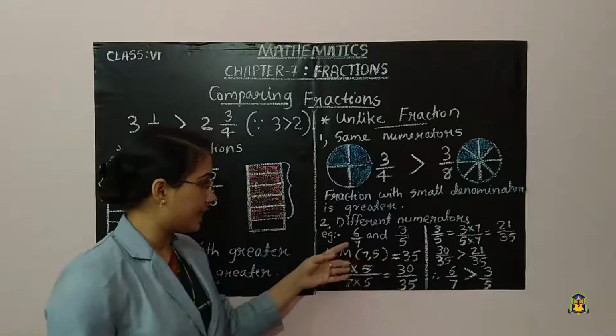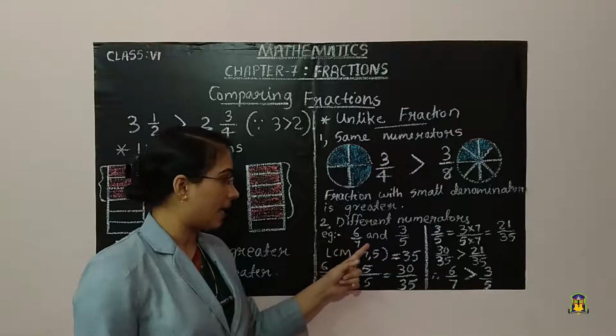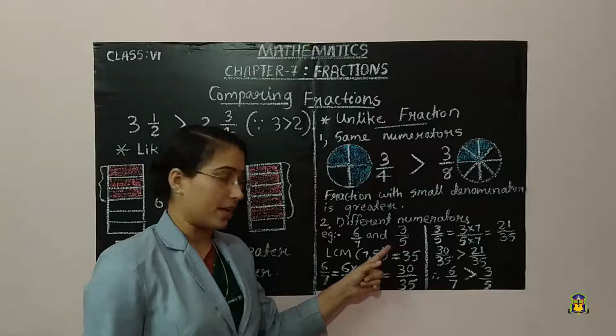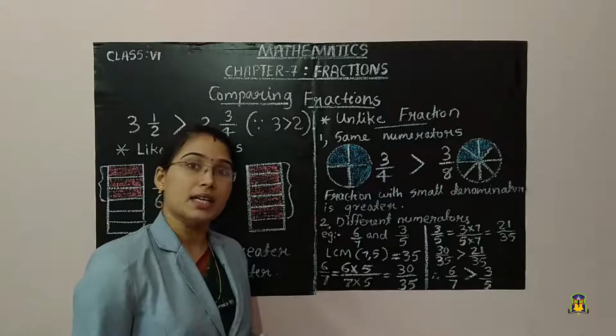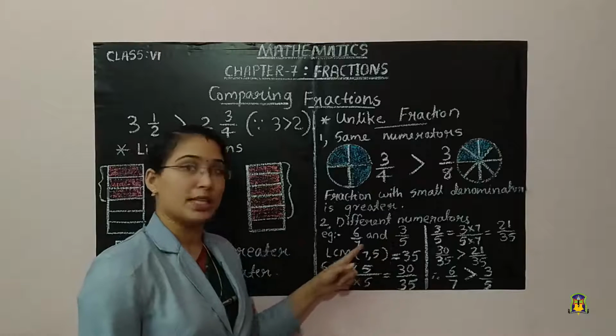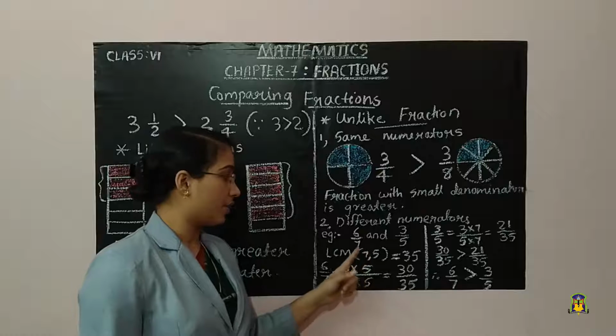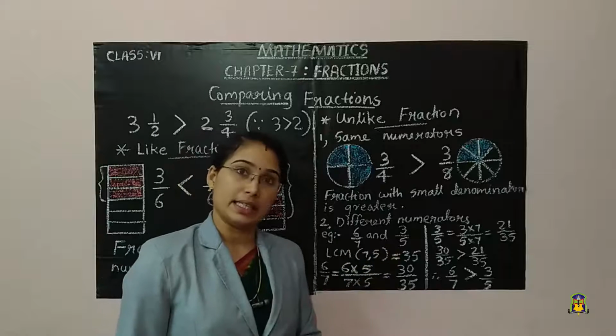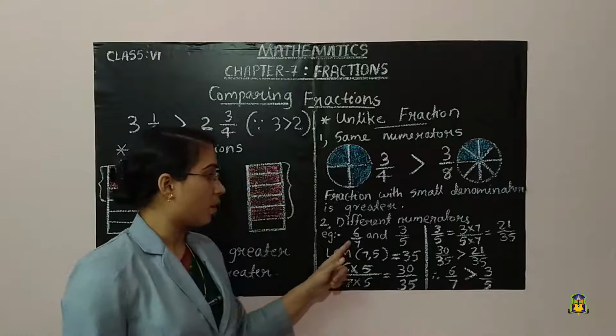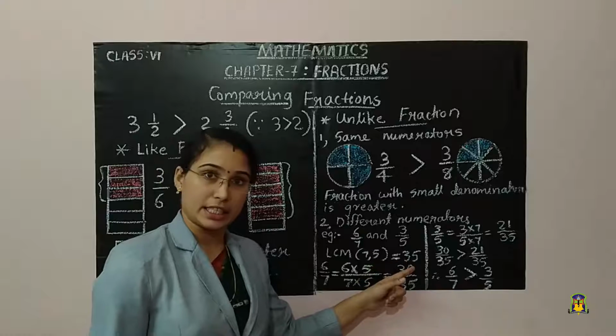Okay, so here is one example, 6 by 7 and 3 by 5. Numerators and denominators are different. So first we want to make the denominators the same. For that we want to find the LCM of the denominators. Here the LCM of 7 and 5 is 35.